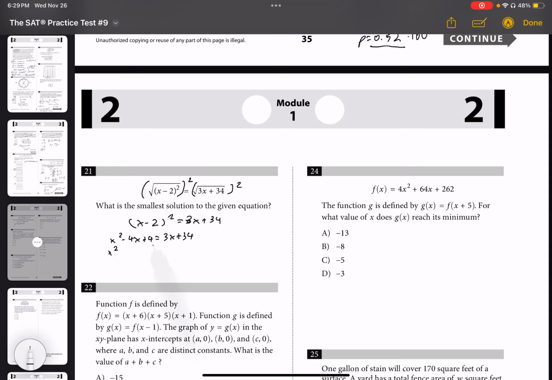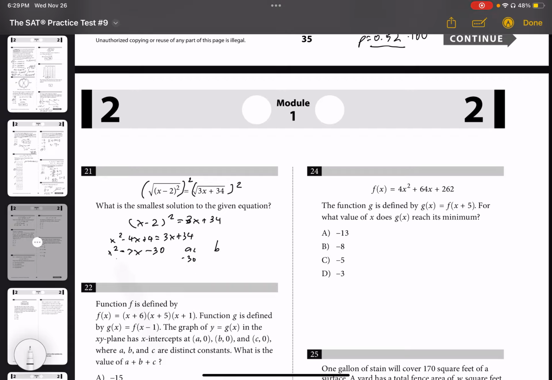Then you get x squared, move the 3x to this side, minus 7x, move the 34 to this side, minus 30. And now what you can do is factor. So I use the ABC method, or AC method.